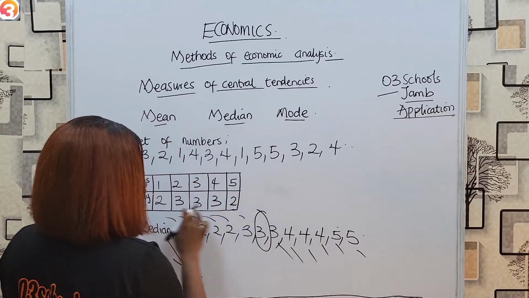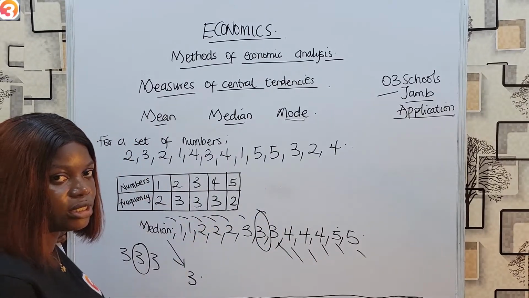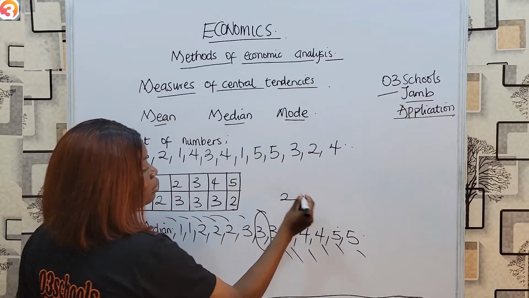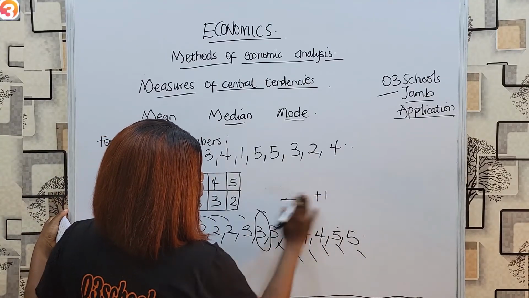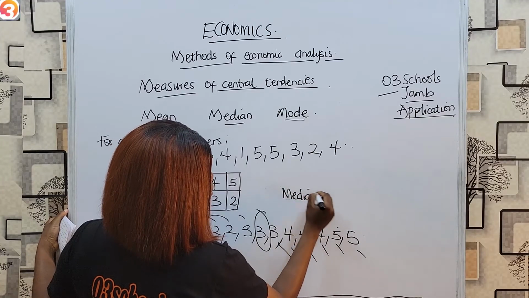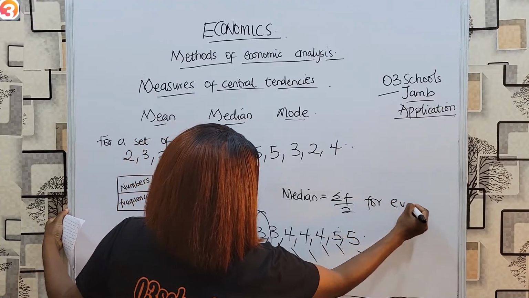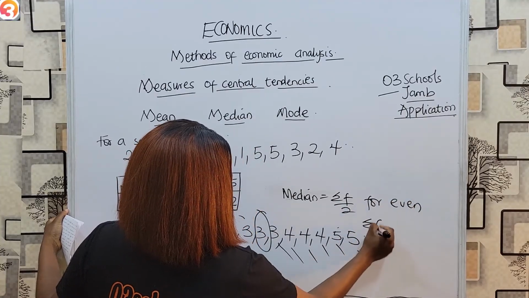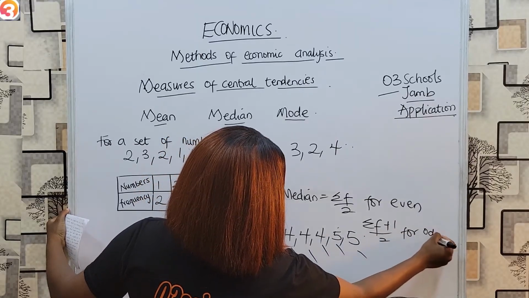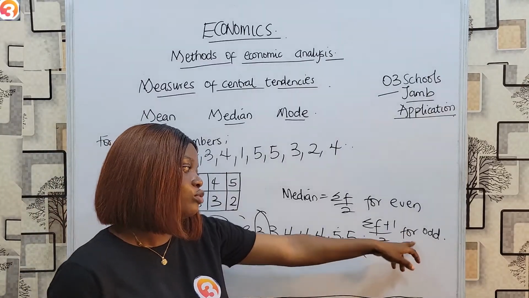We have the total number divided: if the total frequency is an even number, you divide by 2. If it's an odd number, you add 1. Median is equal to summation f over 2 for even, or summation f plus 1 over 2 for odd.